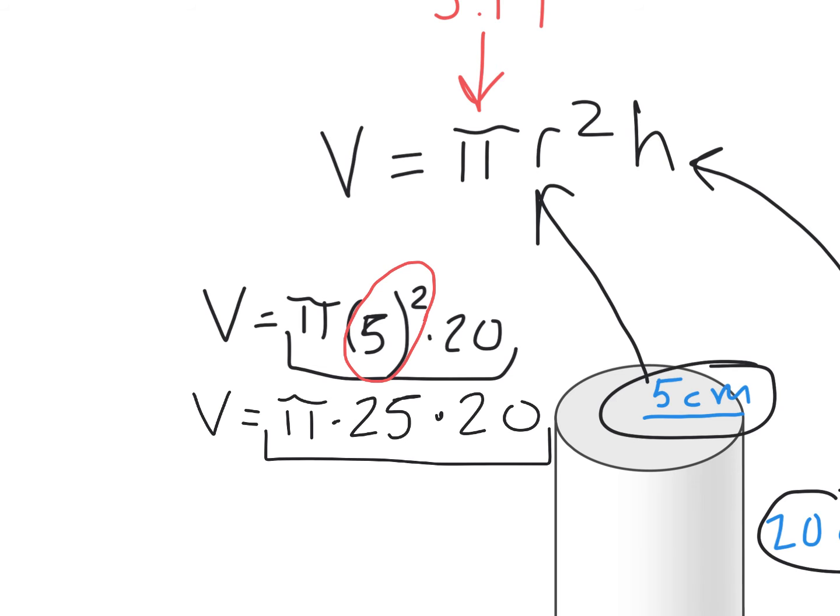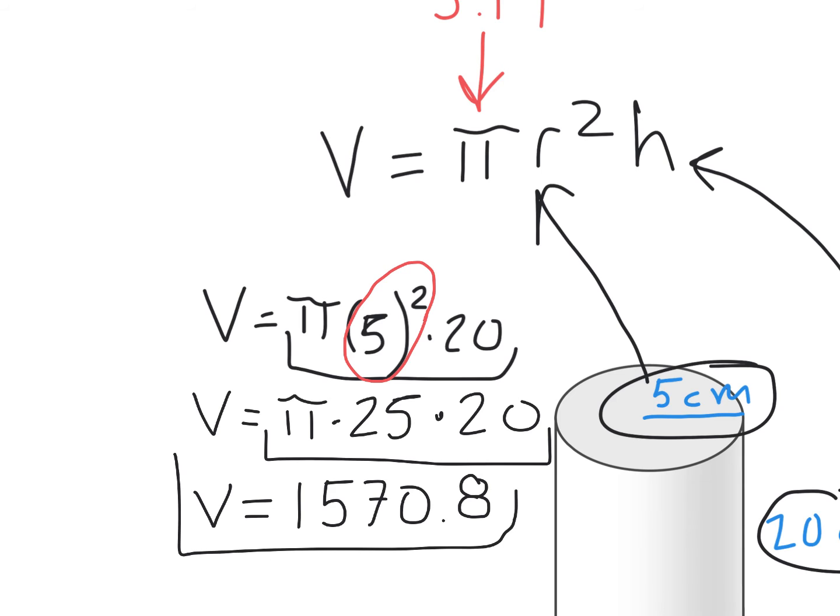So pi times 25 times 20, and I get the volume is equal to 1,570.79. So I'm going to round to 1,570.8. Our volume here is equal to 1,570.8 cubic centimeters.